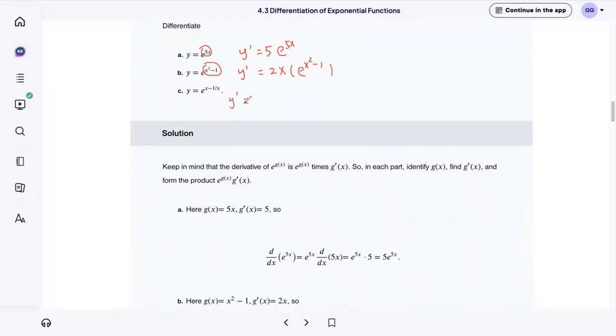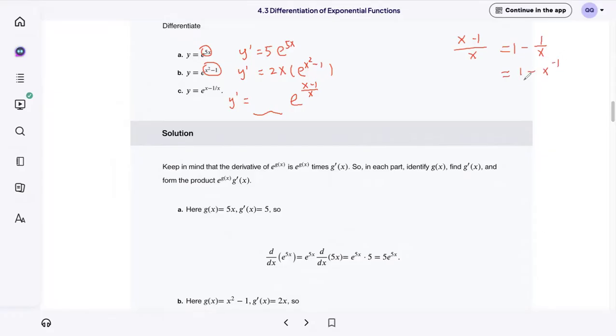So y prime in this case, x minus 1 divided by x. First we have the function itself, e raised by x minus 1 divided by x. Then we have to take the derivative of the exponent. So how do we take the derivative of this? X divided by x is 1 minus 1 over x. That's 1 minus x raised by negative 1.